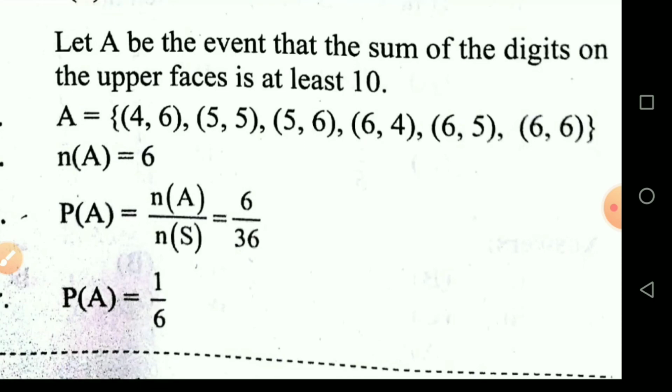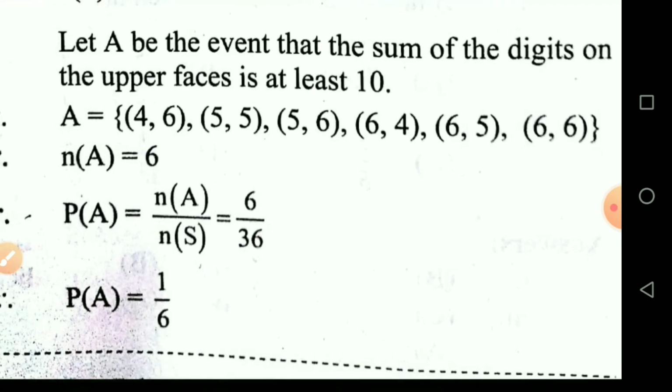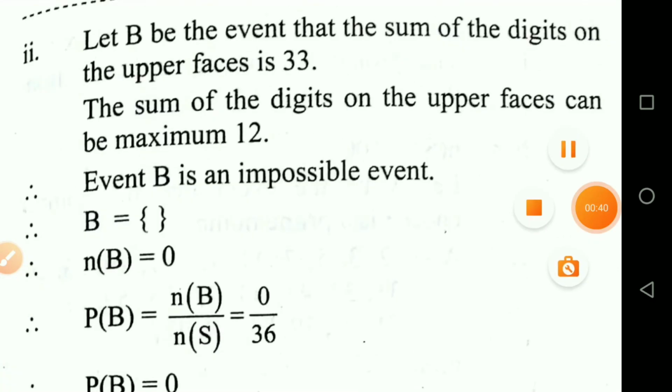Probability of this event, P of A is equal to number of A upon number of S is equal to 6 upon 36. And we can simplify this. 6 1s are 6, 6 6s are 36. P of A is equal to 1 upon 6. Give letter B to the second event. Let B be the event that the sum of the digits on the upper faces is 33.